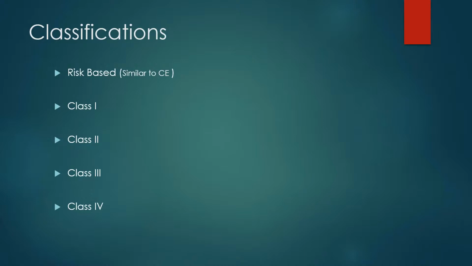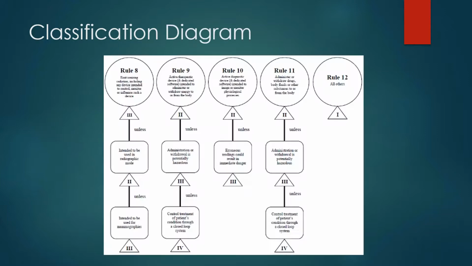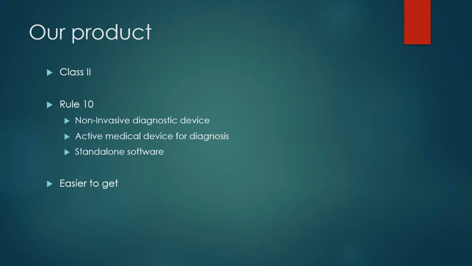Class 4 means there might be life-threatening, mission-critical things, but class 2 is just kind of average. These are the chart diagrams you can follow to determine which category your product falls into. But again, we belong to class 2, second easiest to pass, which is non-invasive.